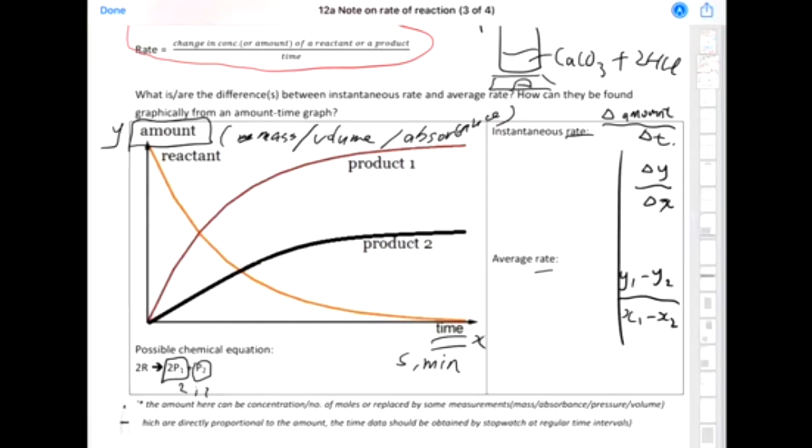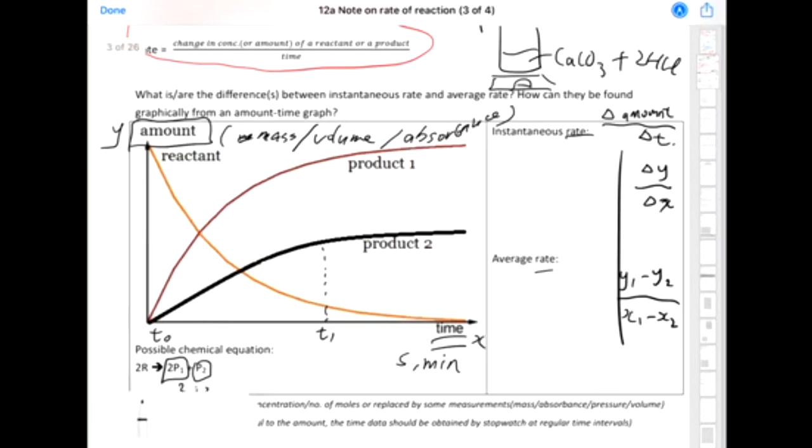So let's see what the difference is between the average rate and the instantaneous rate. For the average rate first, because it is easier for you to understand. Say for example, if I want to represent the average rate of product 2 from T0 to T1, where T0 is the starting point and T1 is almost the end of the reaction.